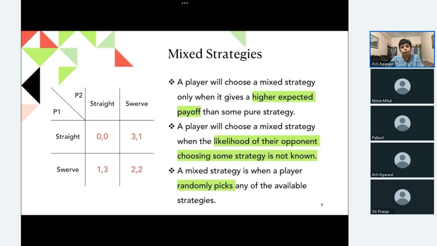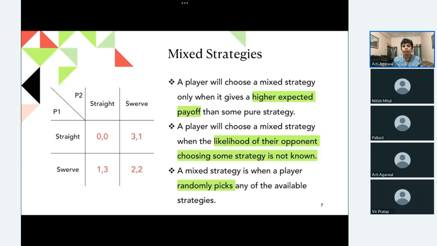And what do we mean by combination? That's the third point I mentioned, that you will just randomly pick one of the two strategies. When are you supposed to do that? When there is a certain probability of the opponent, P2, playing one or the other strategy.